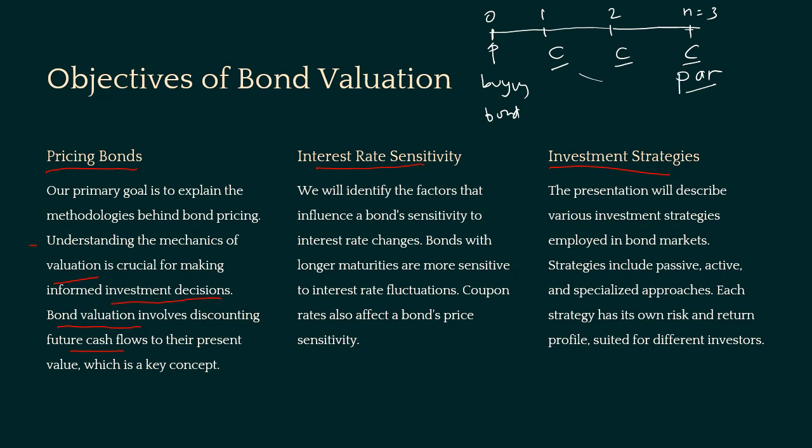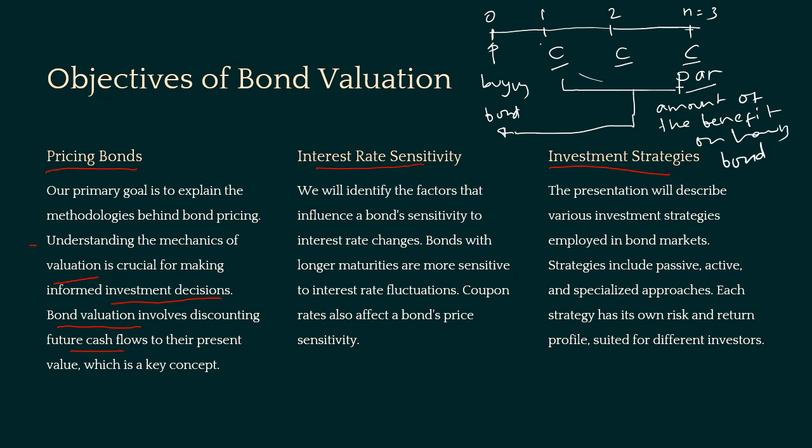These are the benefits here. We have to discount it. This is the amount of the benefit of having the bond, and this is the price that we have to pay for this benefit.